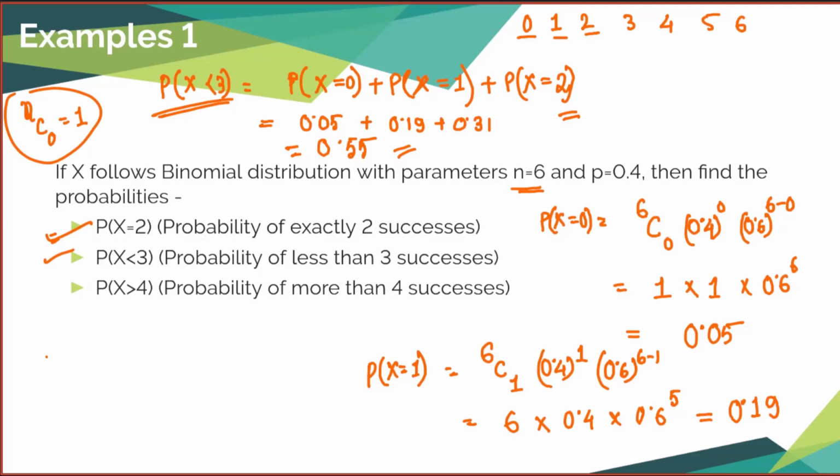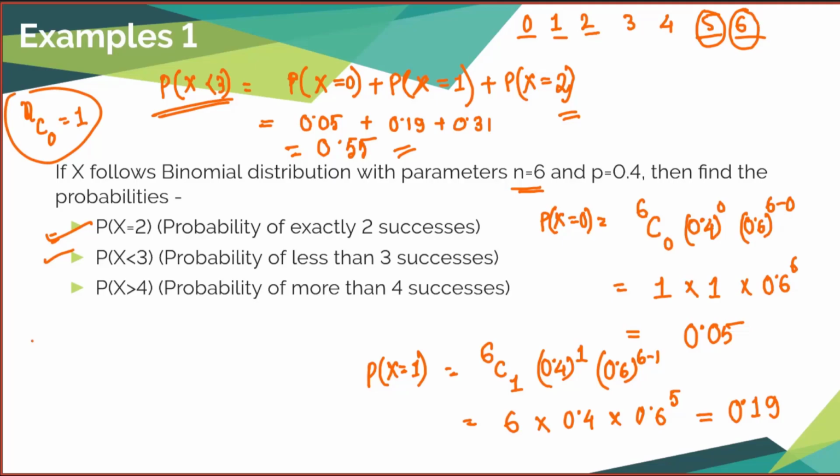The third one is probability of x greater than 4. So what are the possibilities of greater than 4? 5 and 6, right? Greater than 4. Now if it was given x greater than or equal to 4, then you will have to include 4 also. Now since there is no 4 included in the question, so we will only include 5 and 6, right?